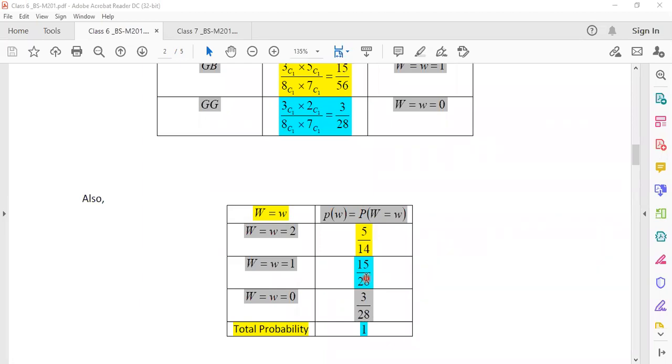So we have tabulated all the probabilities here, and these individual probabilities, this 5 by 14, this 15 by 28, this 3 by 28, are actually the values of the probability mass function, because we know that the probability associated with a discrete random variable is called the probability mass function. We can denote the probability mass function by either this symbol or that symbol.